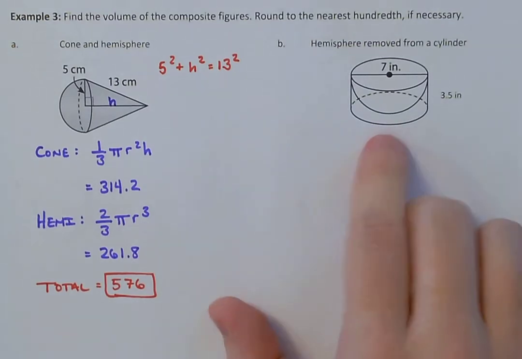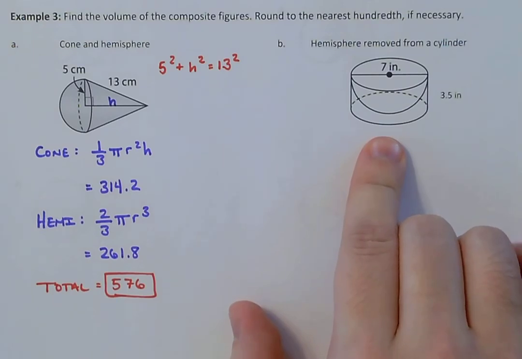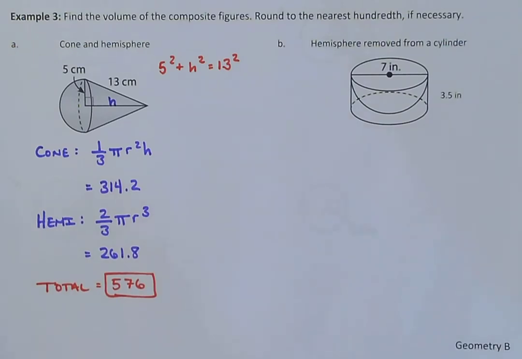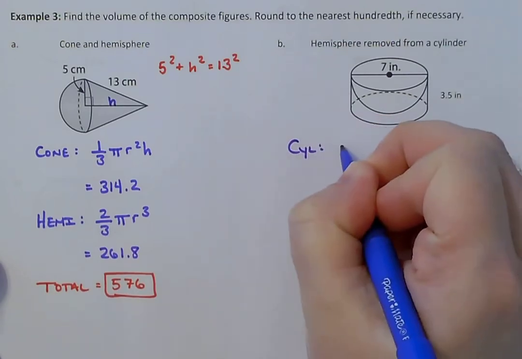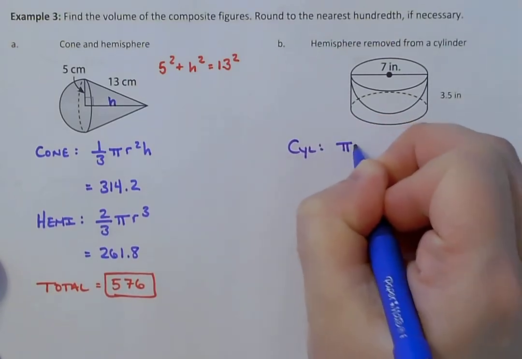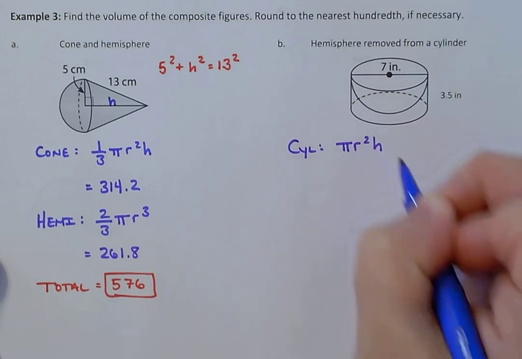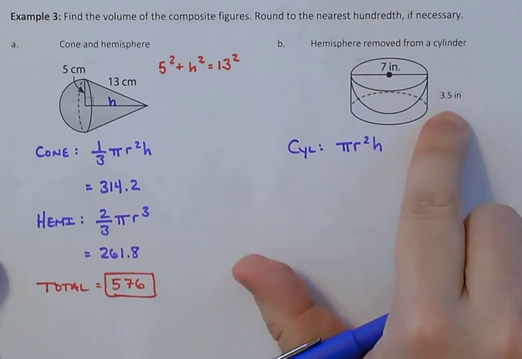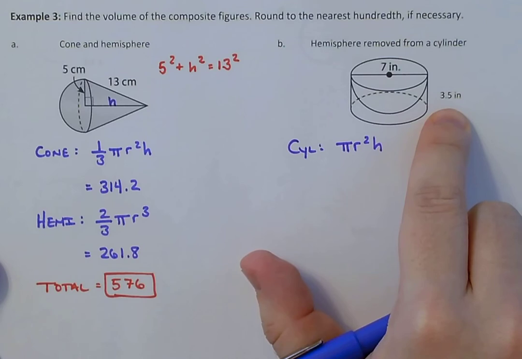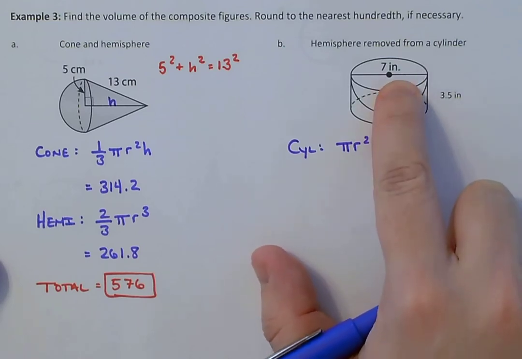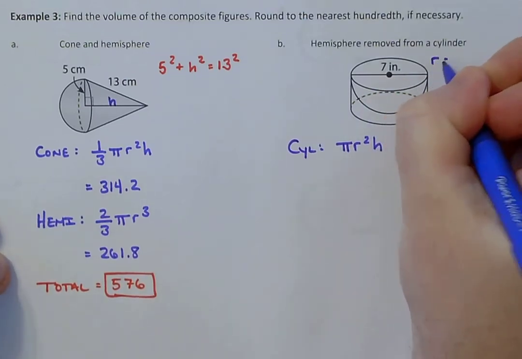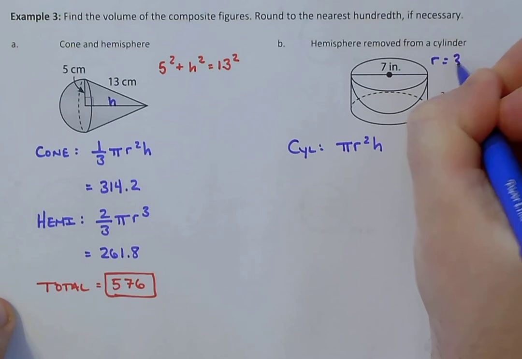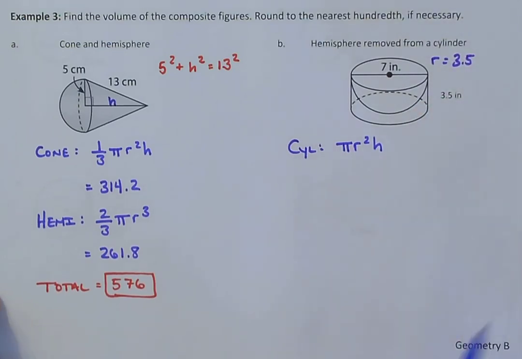Now for part B, it's a hemisphere removed from a cylinder. So you'd have to figure out the volume of the cylinder first, and you're going to use pi r squared h. They tell us the height of the cylinder is 3.5, and they tell us the diameter is 7, so that means your radius is also 3.5.